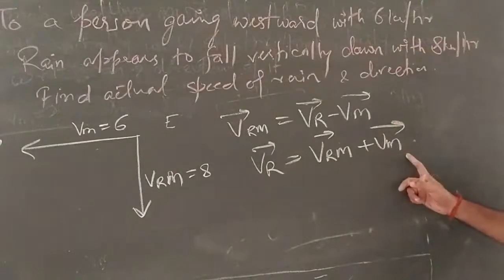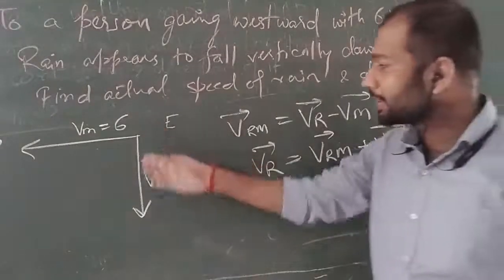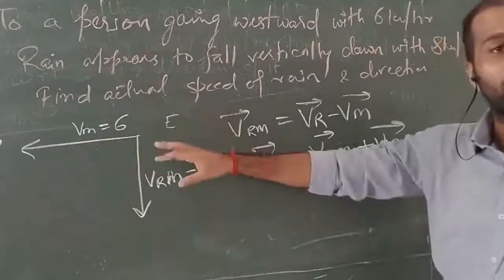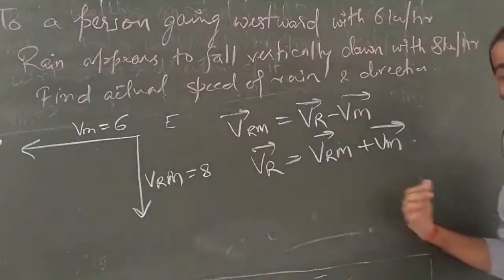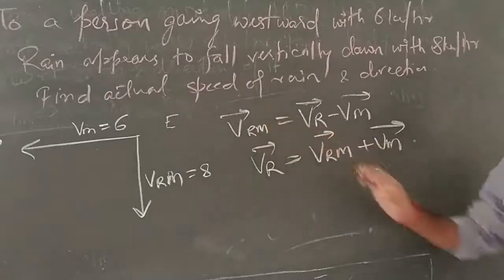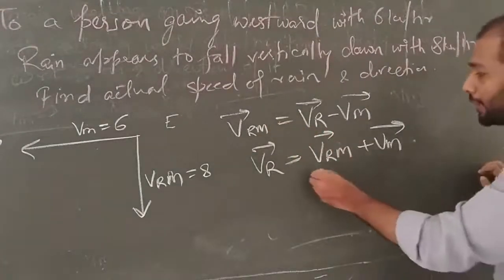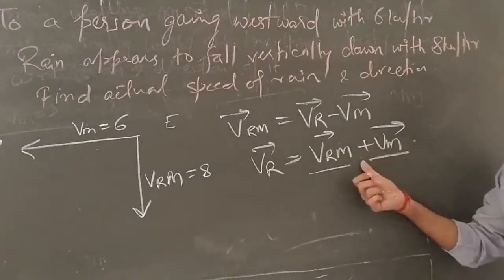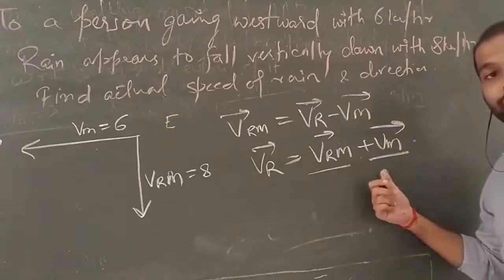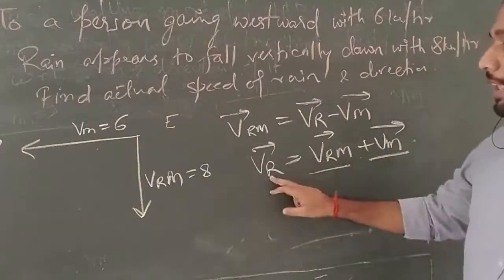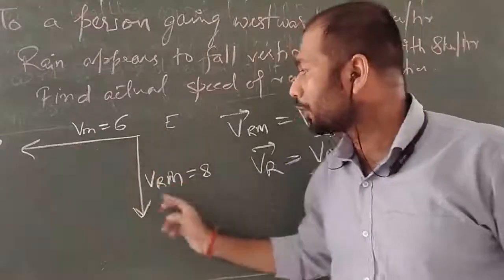You can see that VRM is in the right direction, VM is also in the right direction. Now you do not need to reverse it, because we can do our calculation with the already drawn vectors. Let's say this is the first vector, this is the second vector, and they are added with the plus sign. So when the vectors are added in this way, VR is acting as the resultant of both of these.